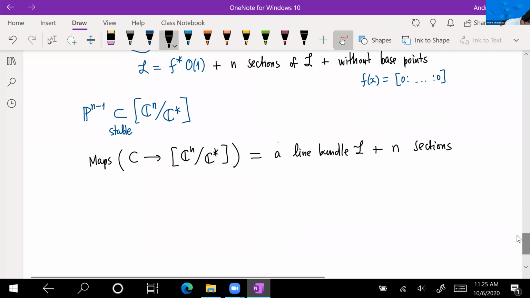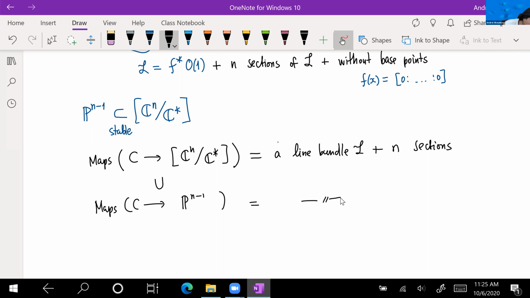And then instead inside here we have maps from C to actual projective space, which is the stable locus, and that is the same as a line bundle plus n sections with no base point.